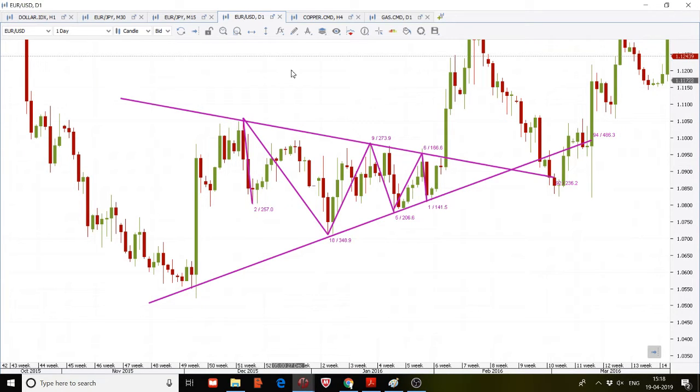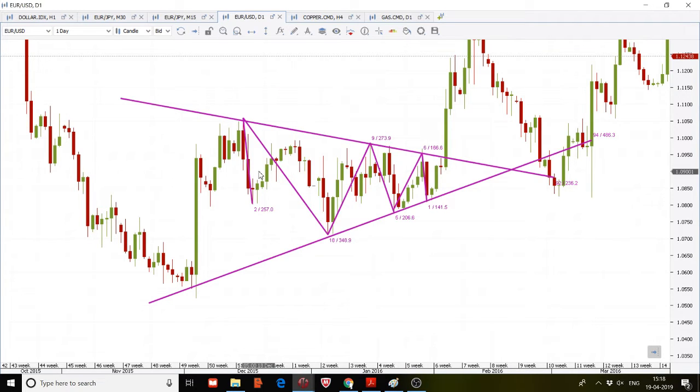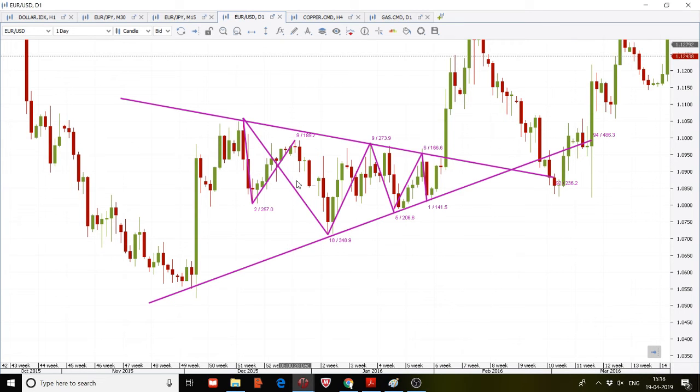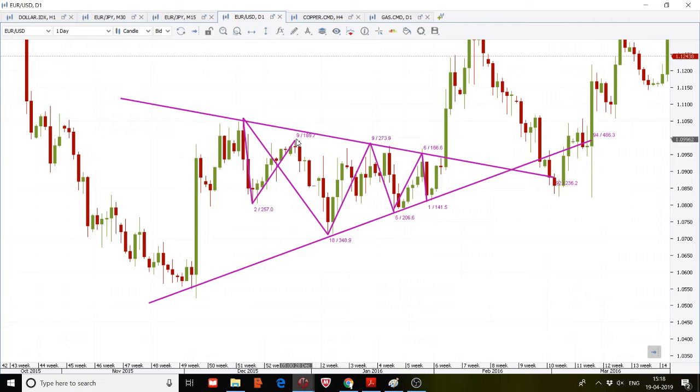If you will notice, it is showing a three wave pattern in itself. Wave 1A, so it is like this, and this is called the corrective structure.